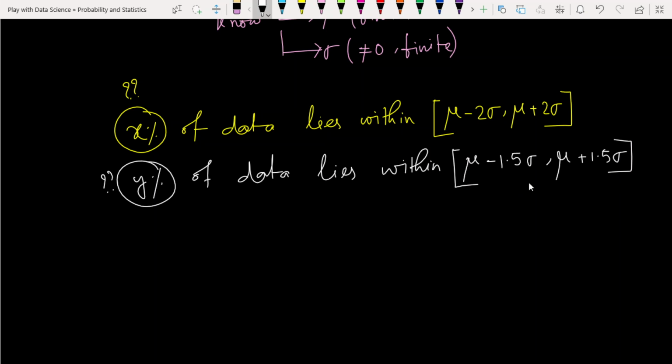Here it is a fractional value rather than an integer. If that is our requirement, how much data lies in this range? Can we answer this question?